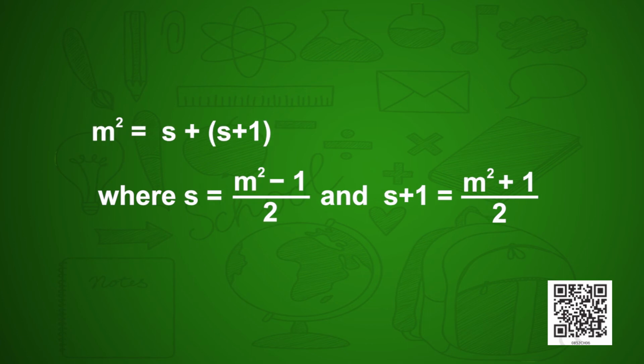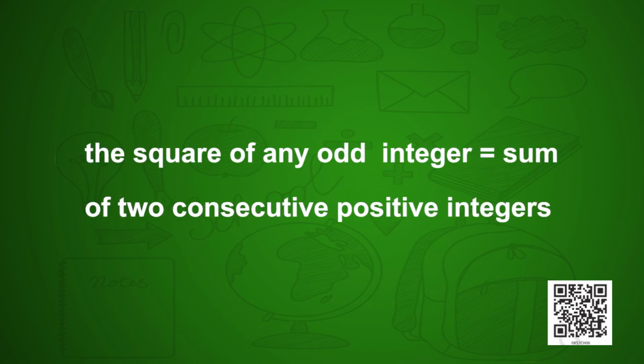So, in general, if m is an odd integer, then we can write m square is equal to s plus (s plus 1), where s is equal to (m square minus 1) by 2 and s plus 1 is equal to (m square plus 1) by 2. We can observe that the square of any odd integer is equal to sum of two consecutive positive integers.